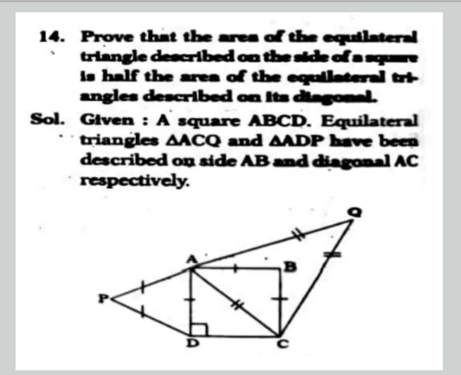Now, given the square ABCD, the equilateral triangle ADP has been described on side AD, and ACQ on the diagonal AC.